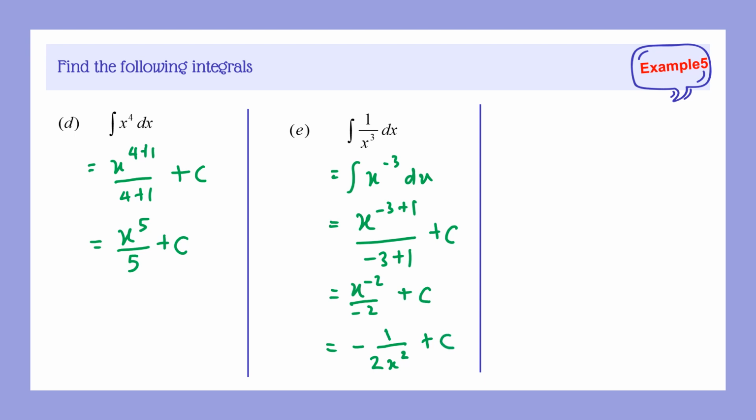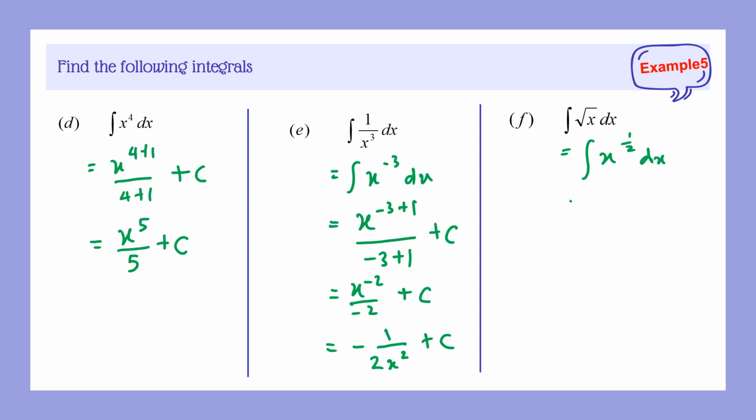Next, for question F, we have integrate square root of x dx. For this question, we also can change it into the easiest form to integrate. We change to integrate x to the power of 1 over 2 dx.